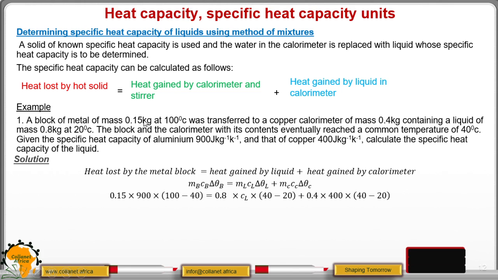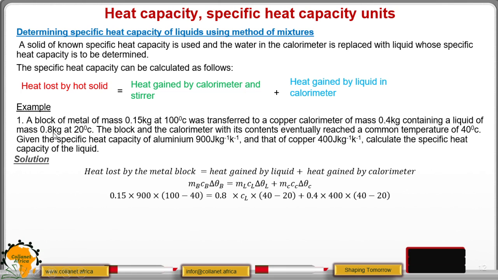After that, we key in the values. We have the mass of the metal block as 0.15 kg. Then we are using the aluminium, that is the specific heat capacity 900. Then the temperature is changing from 100 to 40. That is our common temperature here. So 100 minus 40. Then when we come to the liquid, the mass is 0.8.